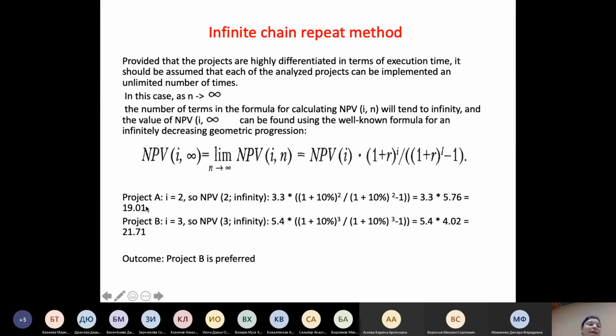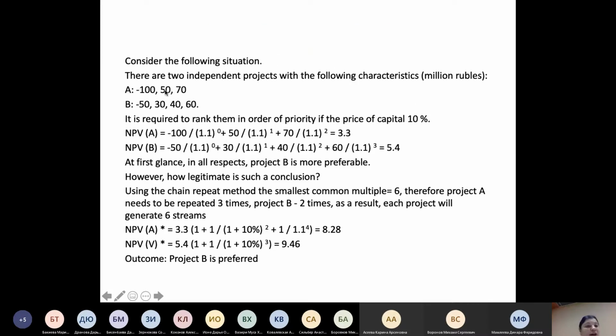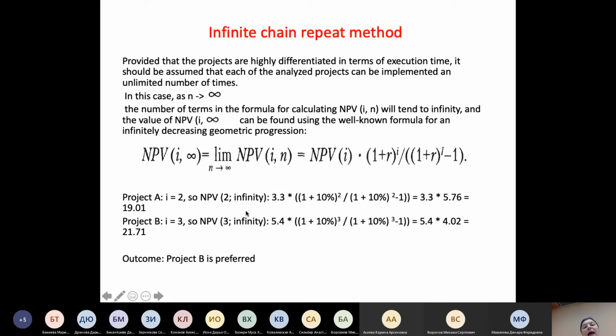If we apply this model to our project A, the real amount of cash flows, as we approved earlier, is 2 cash flows, and 3 cash flows for project B. Now I am putting all these values in our formula, so it will be 3.3 multiplied by 1.1, where 10% is the discount factor, to the extent 2, where 2 is our real amount of cash flows, divided by 1 plus 10% to the extent 2, minus 1.